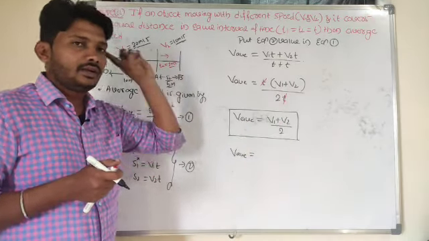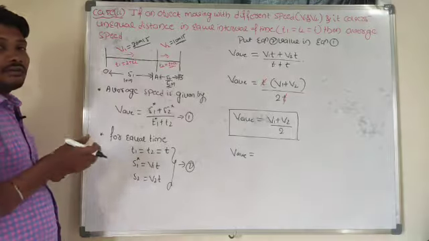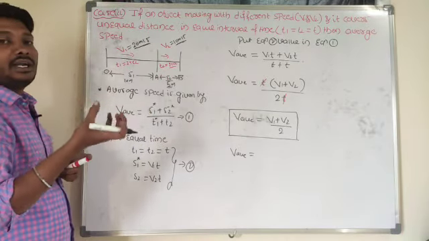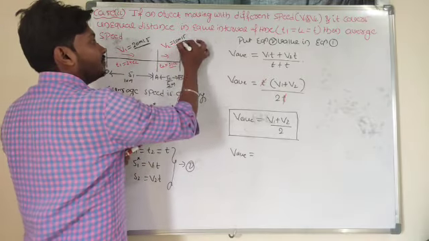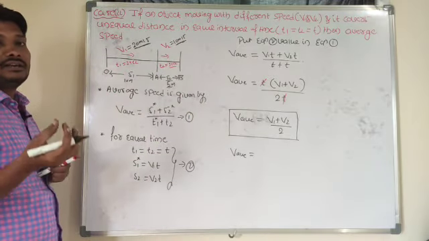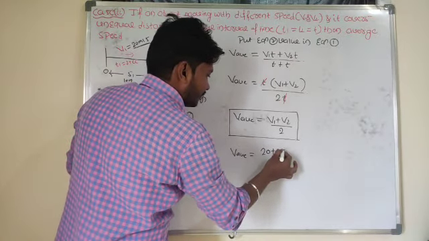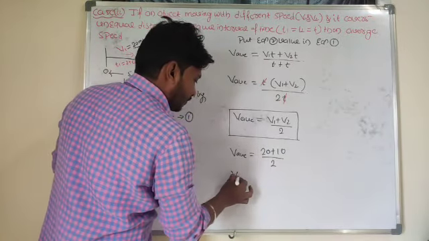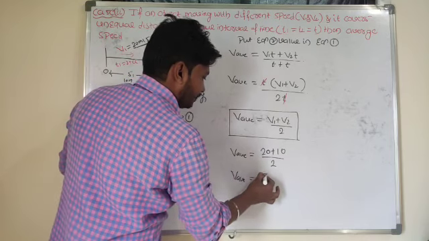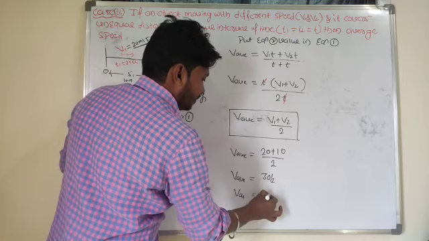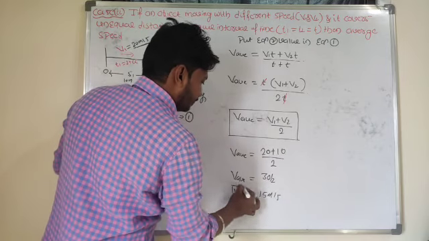V1 plus V2 divided by 2. In the first half of the time it is moving with 20 meter per second, and in the second half with 10 meter per second. Then what is the average speed of the vehicle? 20 plus 10 divided by 2, which is 30 by 2. So that is 15 meter per second.